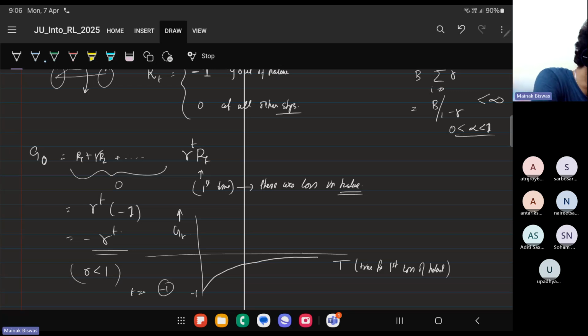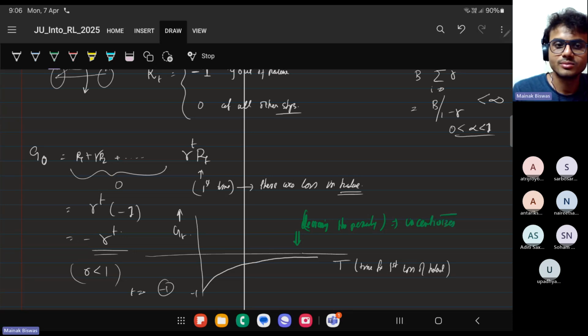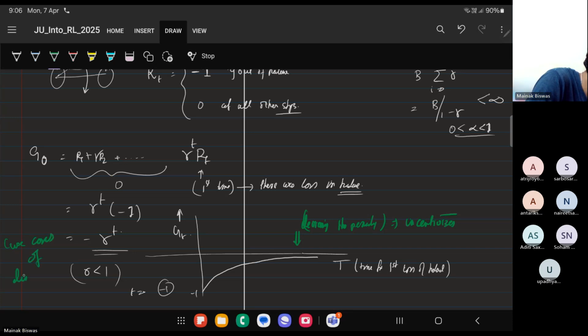What is actually happening is you're decreasing the penalty. So what does it incentivize? This is one of the use cases of discounting with gamma.